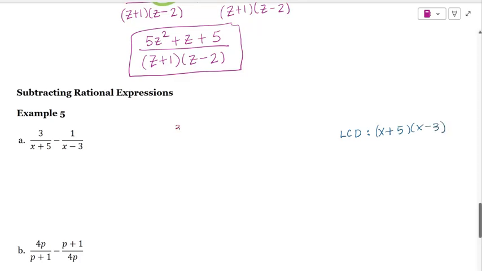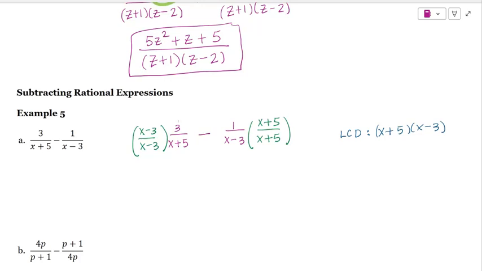So I'm going to modify each of these fractions to get them to have the same denominators. The first will be multiplied by x minus 3 over x minus 3. It's a form of 1 that will get me the denominator that I want. And the one on the right will be multiplied by x plus 5 over x plus 5.